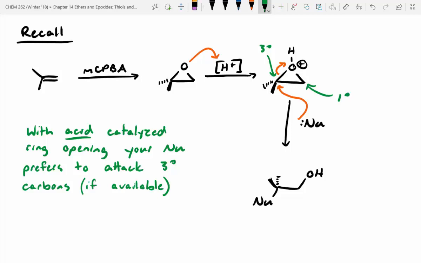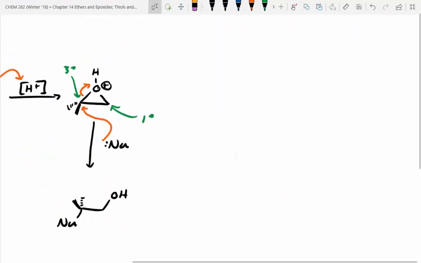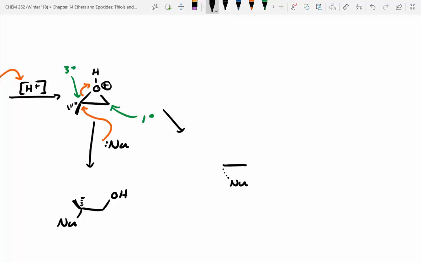And does anybody remember why that is? Going back to chapter 9. The reason for this has to do with the transition state. So I'm going to actually draw the transition state over here. And if you think about it, we're forming a new nucleophile bond to this lower carbon.